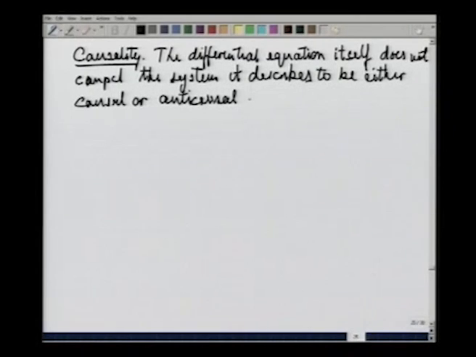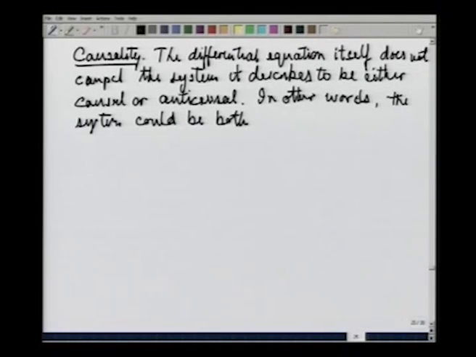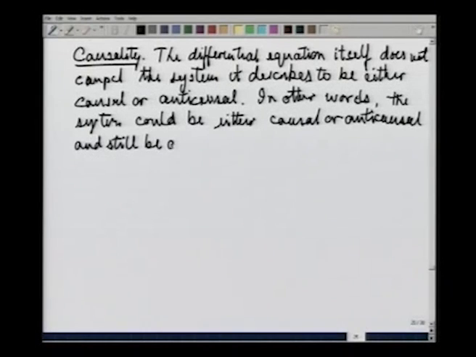In short, in other words, the system could be either causal or anti-causal, and still be described by the same differential equation.